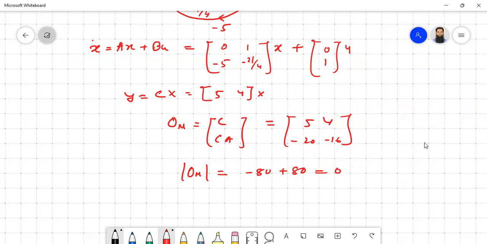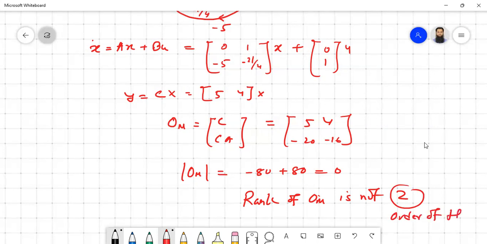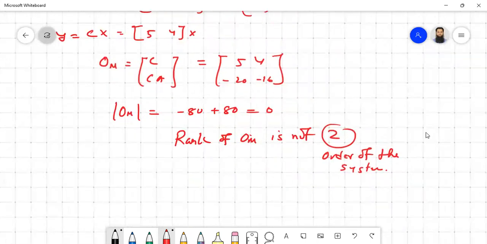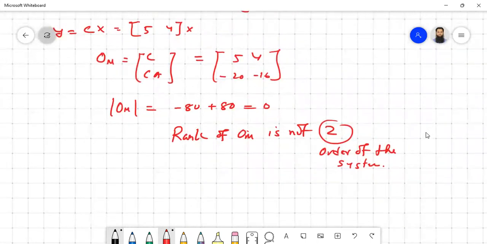So the rank of OM is not 2, which was the order of the system, rather 1. As you can see, our system is not completely observable. So we cannot apply the pole placement technique for this one.